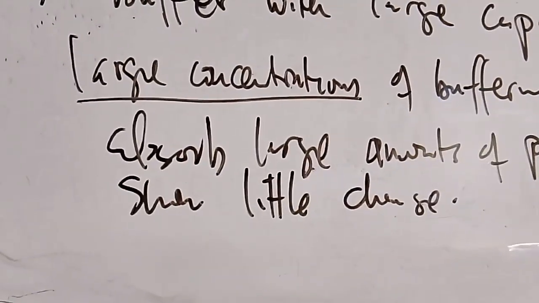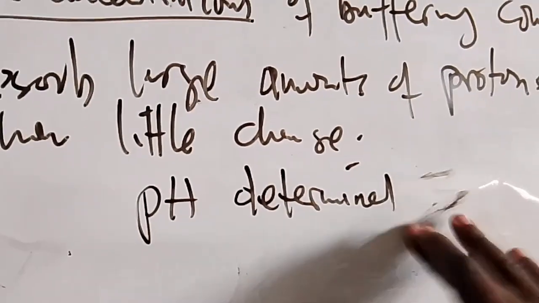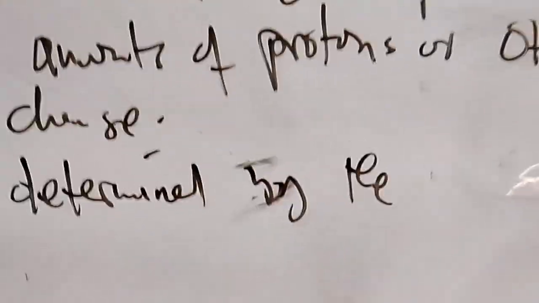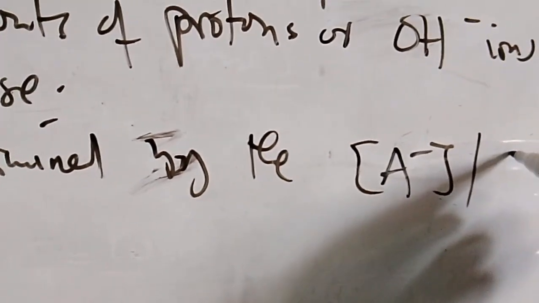The pH of a buffered solution is determined by the ratio of the conjugate base over the conjugate acid.